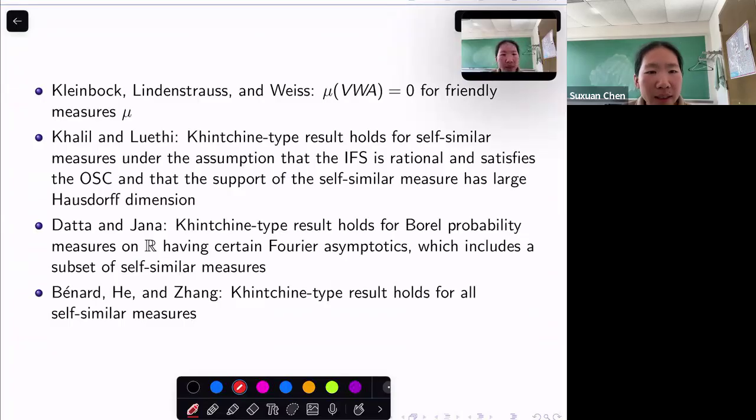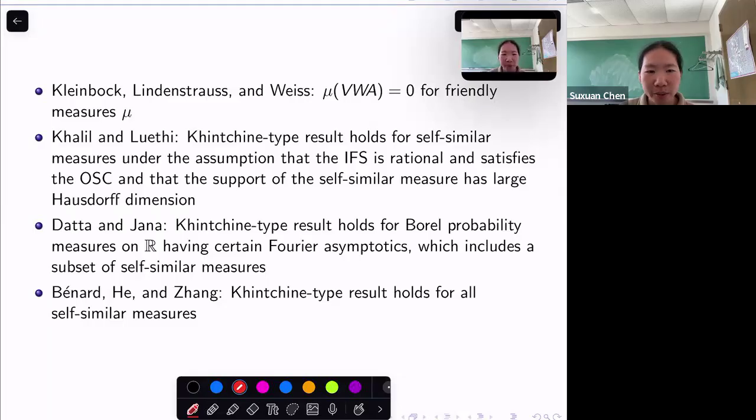And then later, Datta and Jana proved that a Khinchin type result holds for Borel probability measures on R, assuming that the Borel probability measure has certain Fourier asymptotics, and it includes a subset of self-similar measures.